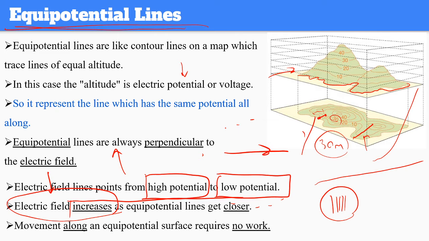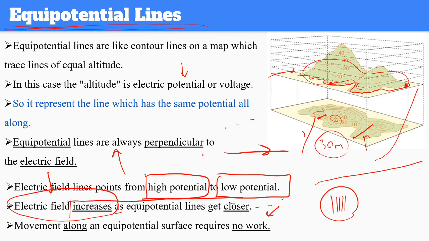And the last one, movement along an equipotential surface requires no work, because remember we defined work as change in potential. Coming from this location to this location, it doesn't matter how far you travel, your altitude is not going to change.